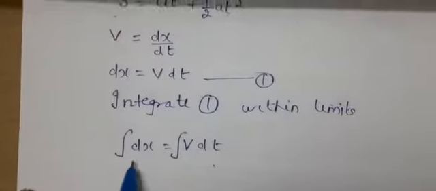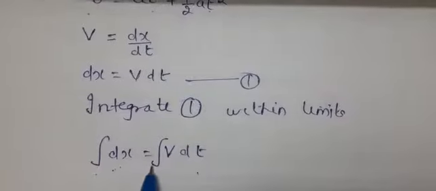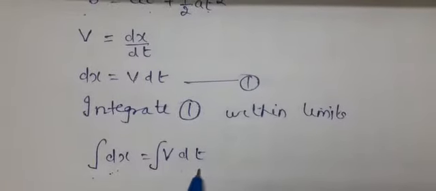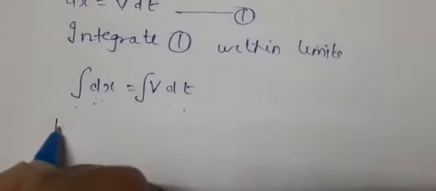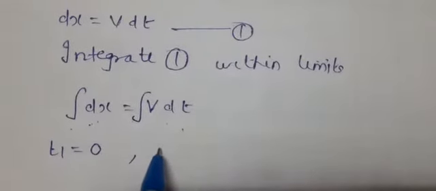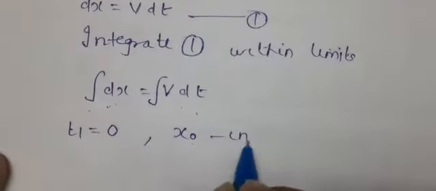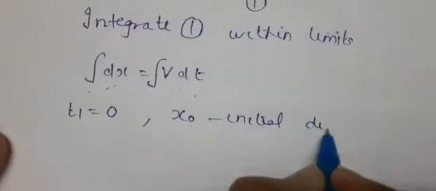So now left hand side is integrating with respect to position x, and right hand side has to be integrated with respect to time. So what will be the initial and final limits? Initial time limit is 0. Corresponding to it, the initial position is represented by x naught, that is initial displacement.